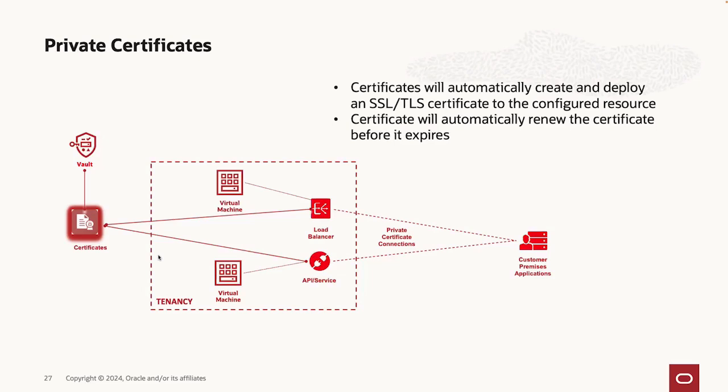But since we don't support the public, it cannot act as a public CA. Where do you see the use cases? How would customers use our OCI certificates? Because they will be requiring the public one, but at the same time, how do you see that they can use our OCI certificates also?